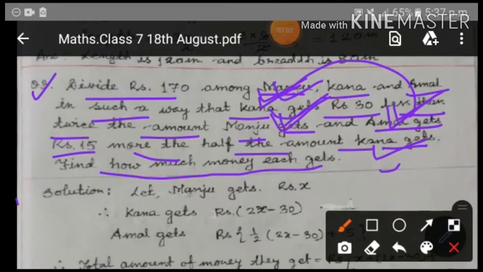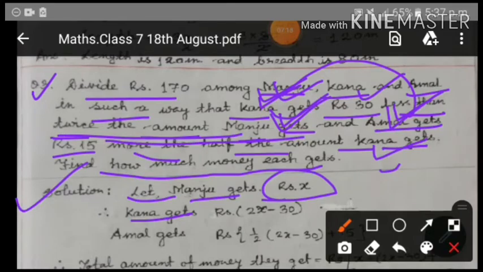So in the solution, let Manju get rupees x. Kana will get 30 less than twice the amount Manju gets. 30 less means minus, so Kana will get 2x minus 30.